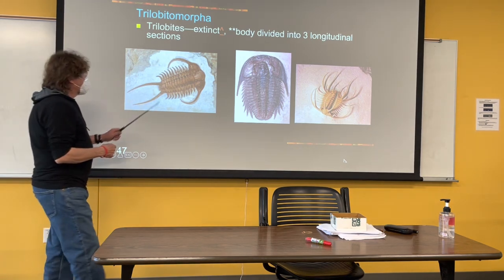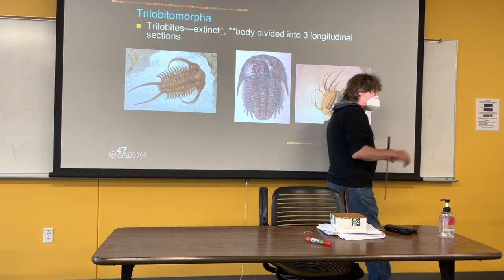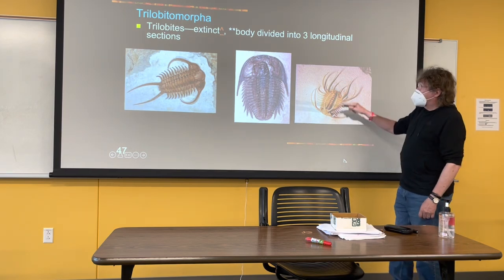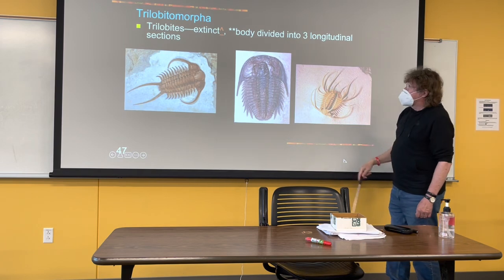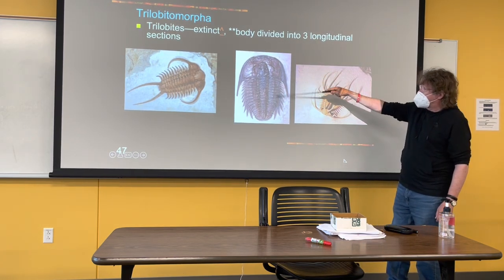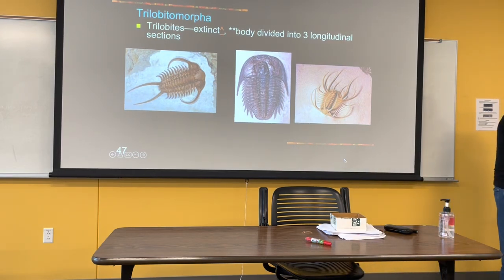And I'm putting up here, in fact, their body is divided longitudinally from head to tail into three areas. Okay, so three sections, and this is where they get their name, Trilobitomorpha, right? And that's the only thing I'm going to put up there as an apomorphy.